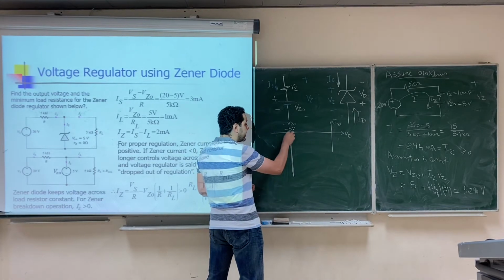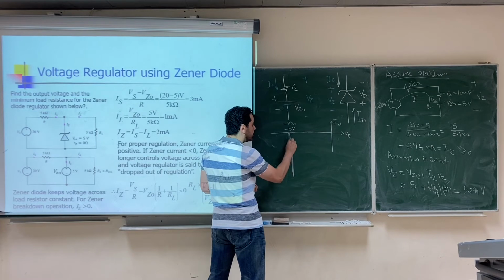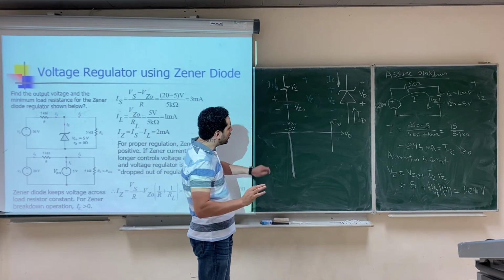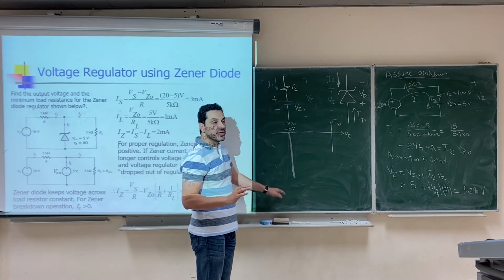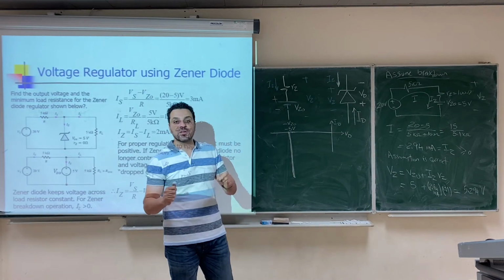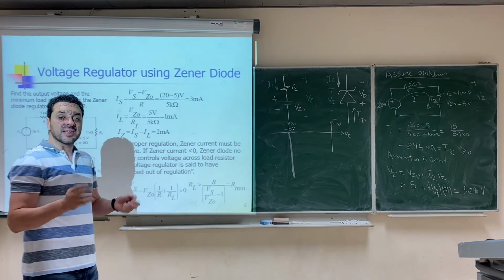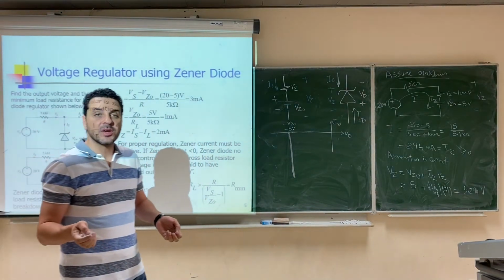In this case, in the breakdown region, the Zener diode will work as a perfect battery. No resistance, only a battery with a Zener voltage VZO of 5 volt. That's why we use the Zener as a regulator.